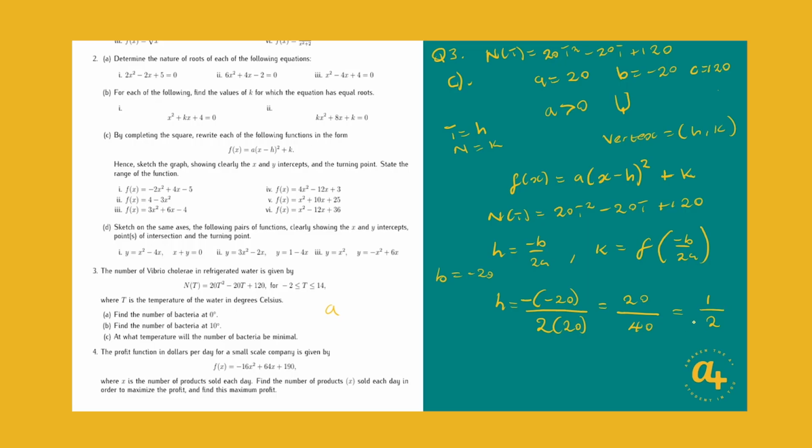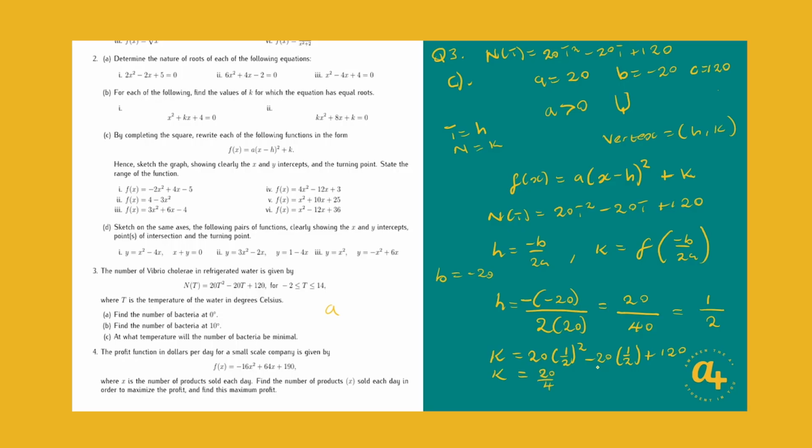So the next thing that we need to do is find our k. So we're going to have k equals 20 multiplied by half squared minus 20 multiplied by half plus 120. When we simplify this further and look at 20 multiplied by the square of half, we know that the square of half is basically 1 over 4, and then 20 multiplied by 1 over 4 is going to give us 20 over 4.